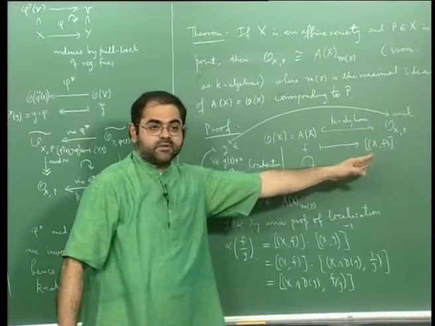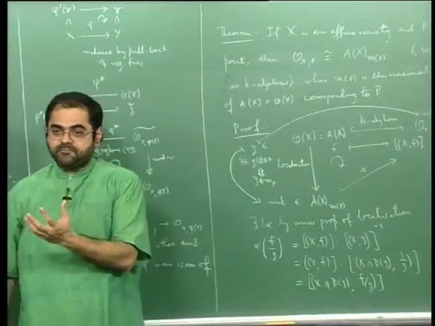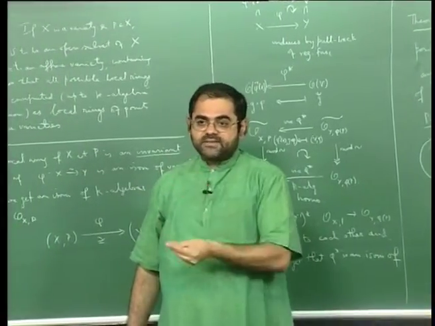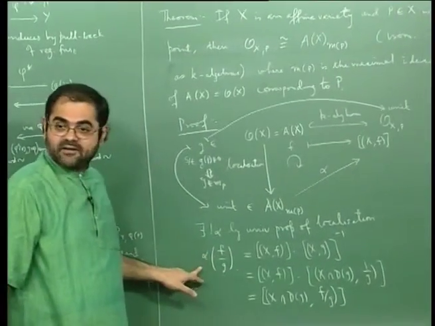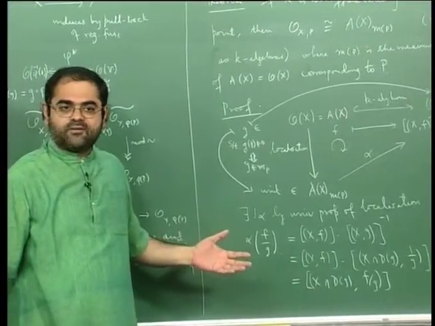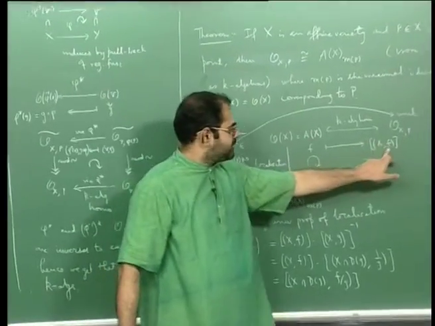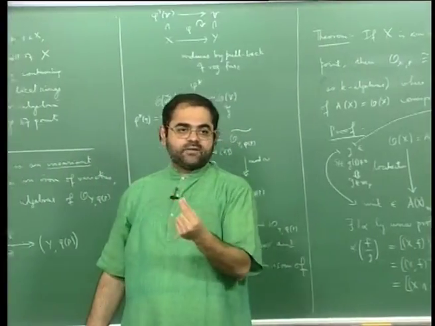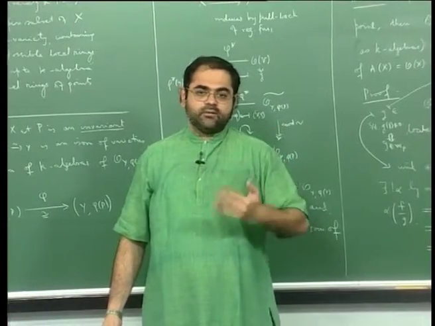And why it is surjective is because you start with the germ of a regular function at the point p, then in a neighbourhood of the point p it is going to look like f by g, and it is going to be the image of the same f by g under alpha. So it is trivially surjective, just by the definition of regularity at a point. An element here is a germ of a regular function at the point. But what is a regular function at a point? It is something that has to locally look like a quotient of polynomials.